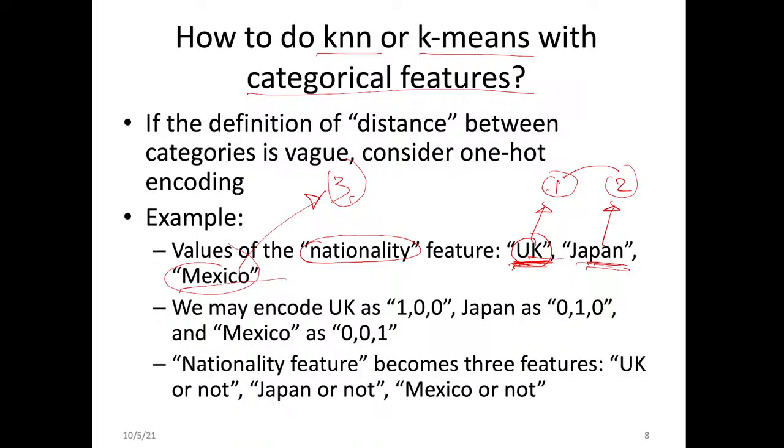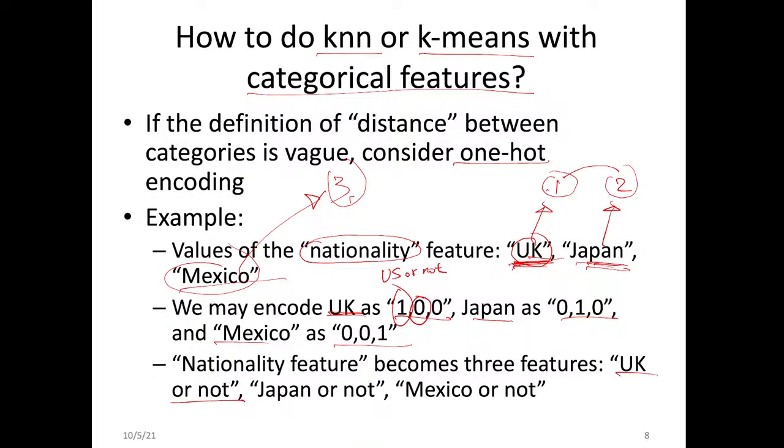A more common and proper way to convert categorical features into some other form is using one-hot encoding. So UK is converted into 100, Japan is 010, and Mexico is 001, for example. The first feature can be regarded as UK or not.